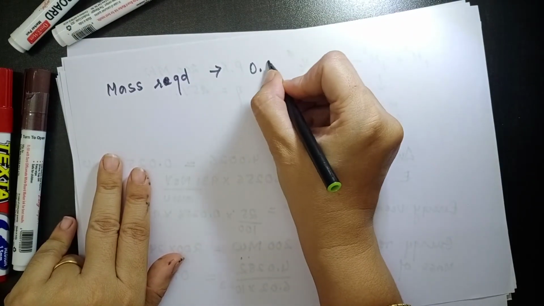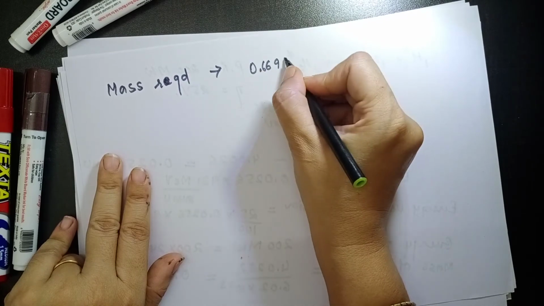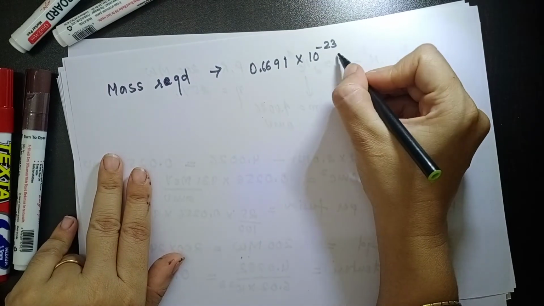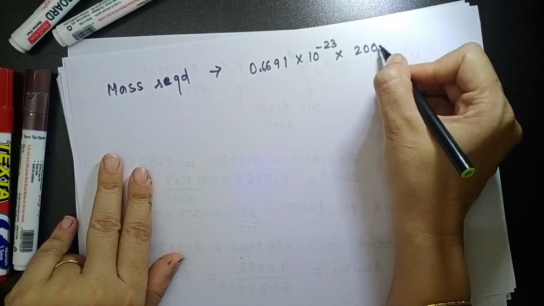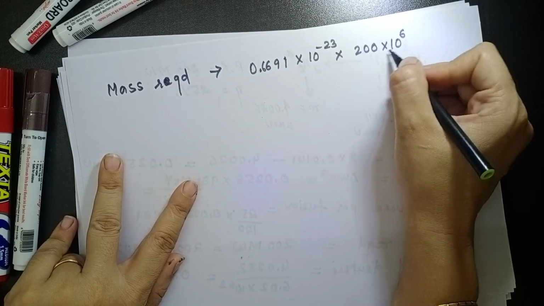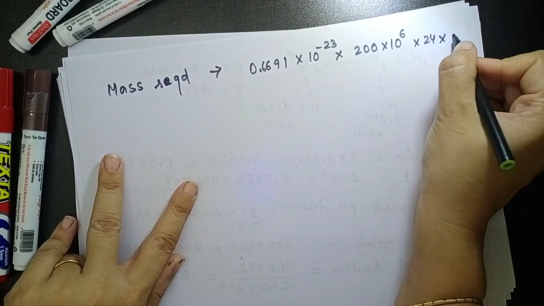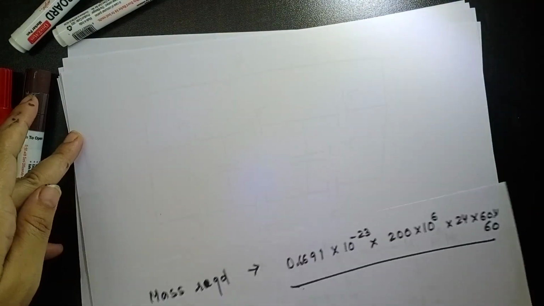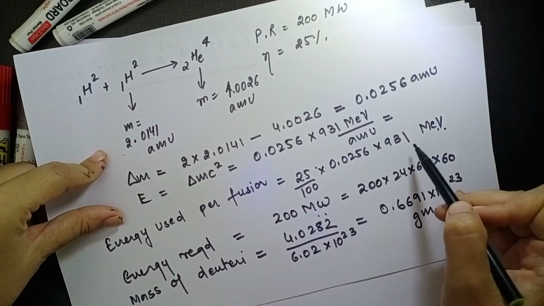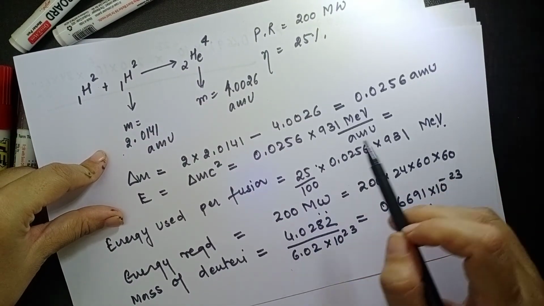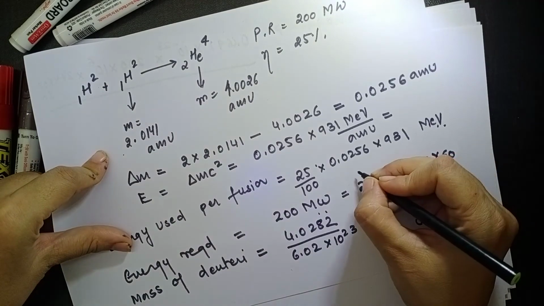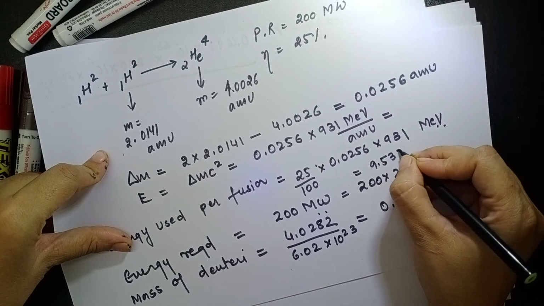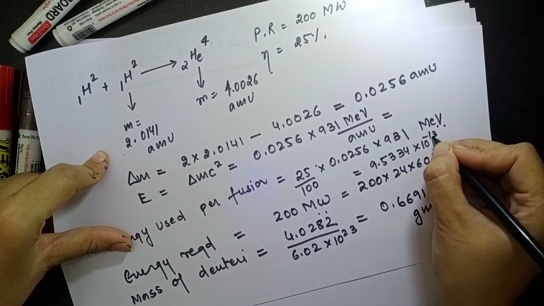This would be 0.6691 into 10 to the power minus 23 for one fission, into the energy I want: 200 into 10 to the power 6 into 24 into 60 into 60, divided by the energy per fusion that I have here. Just do this calculation. This is approximately giving me 9.5334 into 10 to the power minus 13 joules.